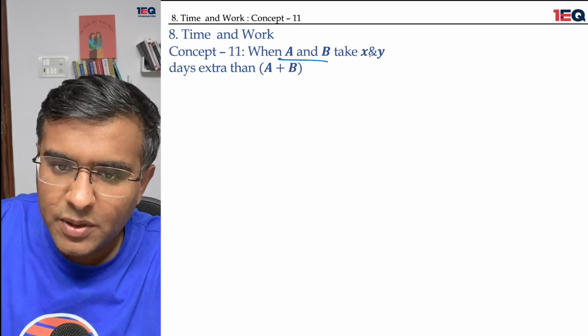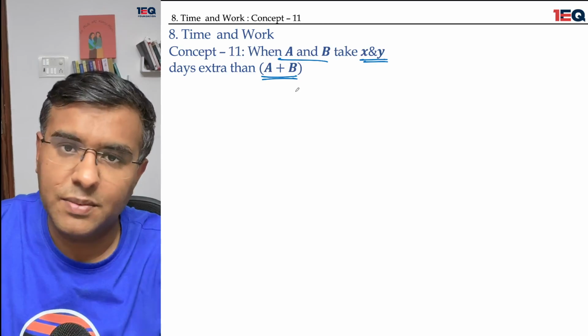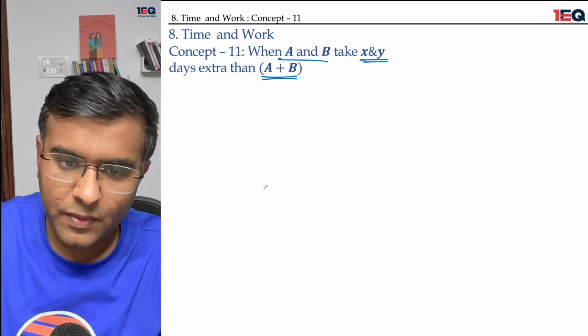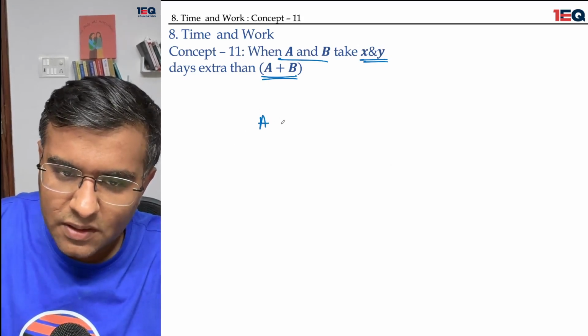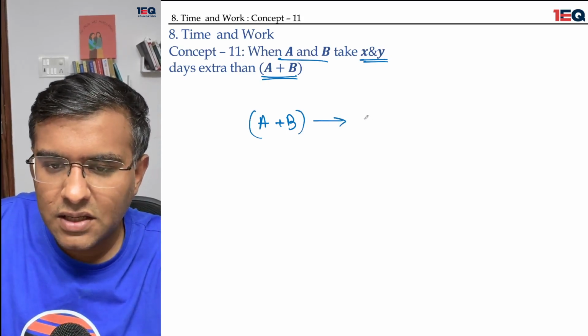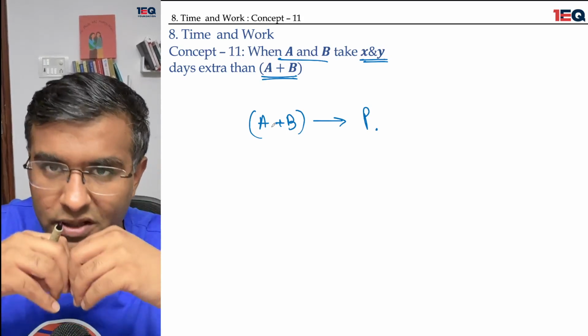When A and B take X and Y days extra than A plus B, okay? They take extra days than A plus B. There is a concept that A plus B have done some work in, let's say, P number of days. They have worked together.